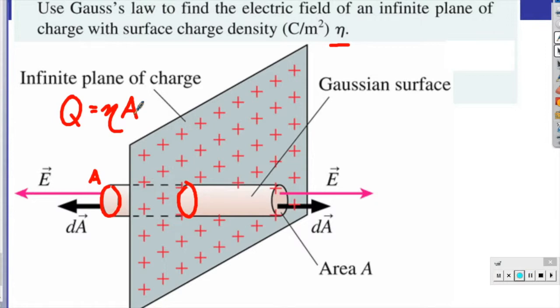But your challenge is to try and demonstrate to me, or for yourself, that the strength of the electric field in this case, using Gauss's law, is going to be given to us in quite a straightforward fashion. And it is going to be, let me think about this for a second.